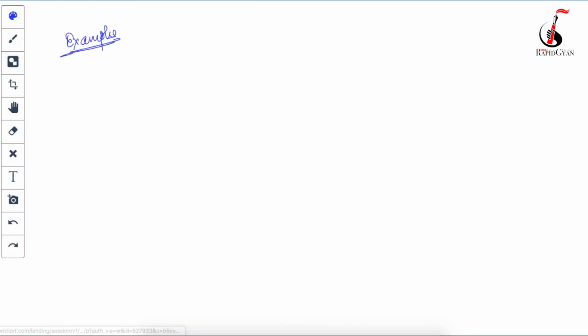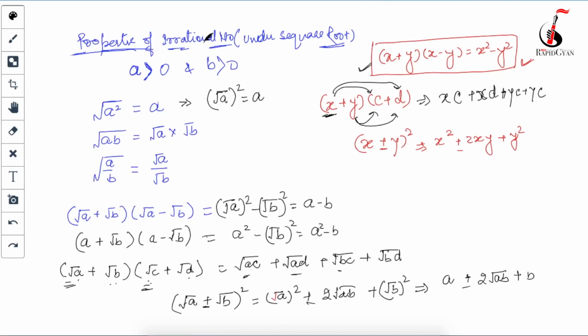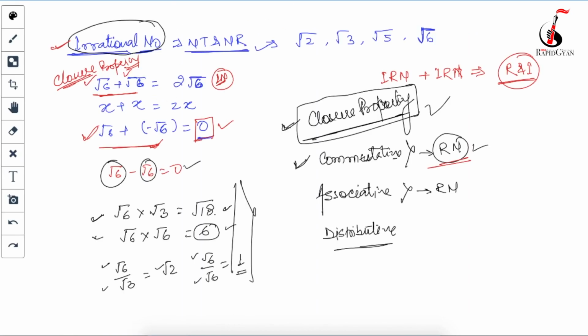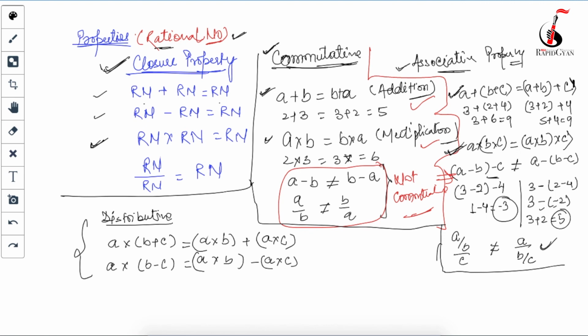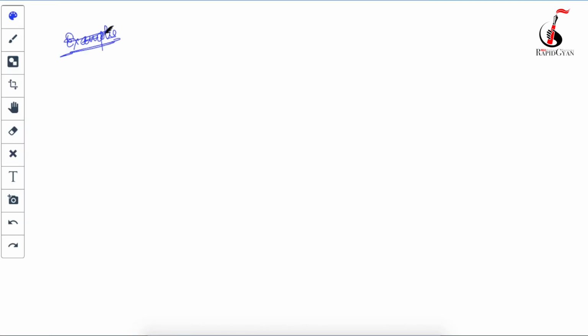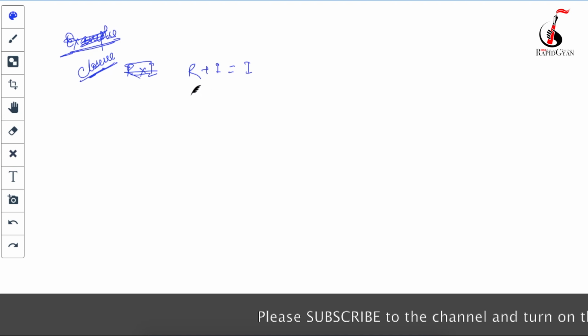We have already discussed the properties of irrational numbers, means multiplication of two irrational numbers, multiplication of two rational numbers. Now suppose you will have to multiply a rational number with an irrational number, what will you get? I'm talking about the closure property. I will start with addition. Rational plus irrational will always give irrational.